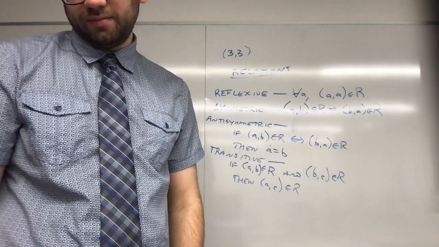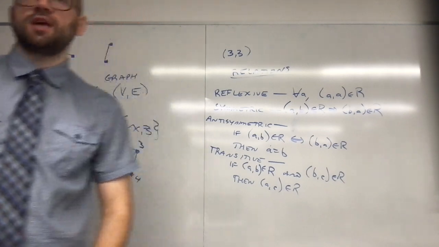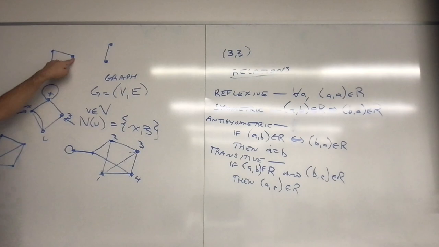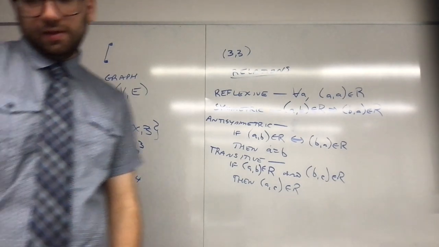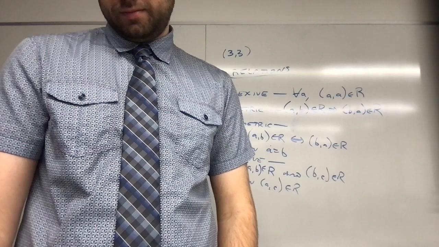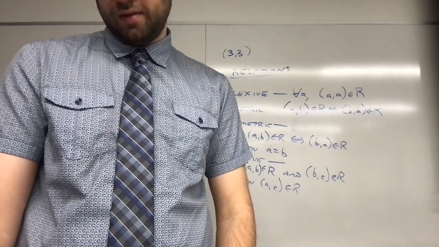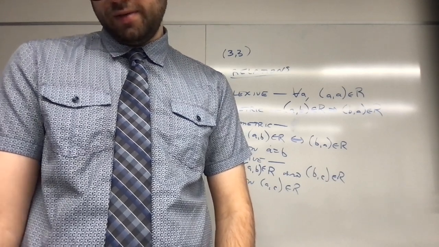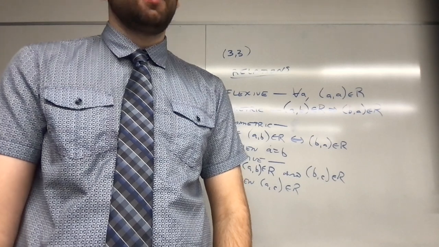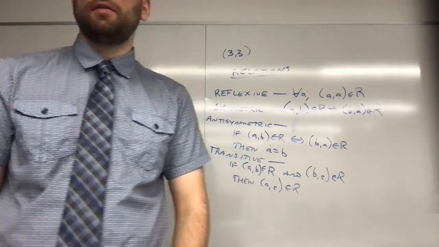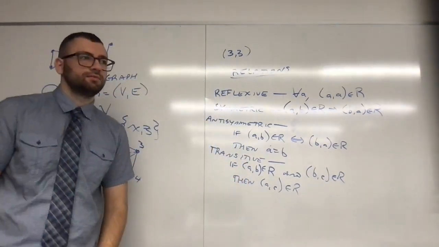Got that. The degree is the number of edges coming in, right? So in this case, this vertex has degree 2 because it has 2 things coming into it. Am I missing anything? Regular, we did. What's a clique or a complete graph, or K_n?